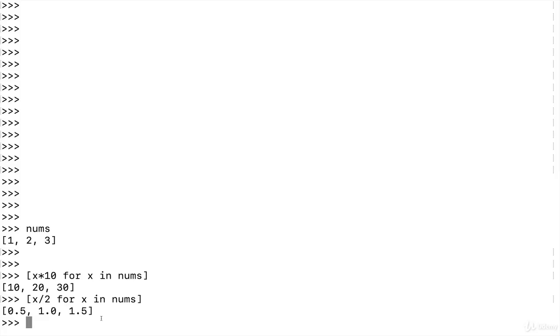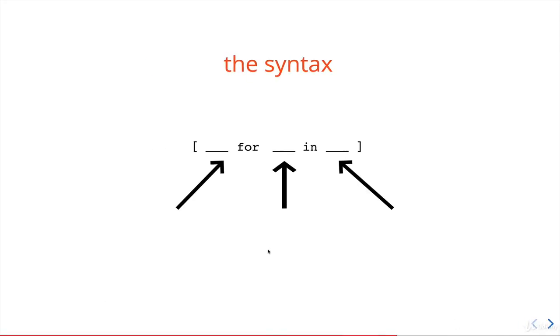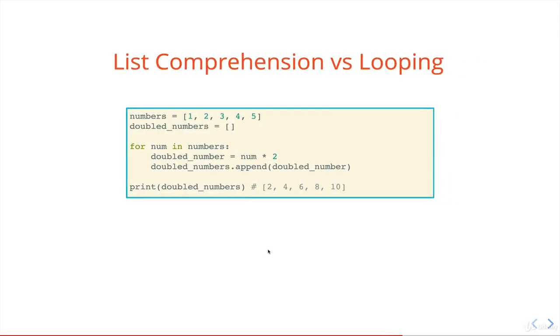But the rough idea is we take an existing list and output another list with different values based upon the first list. And this seems like something we could do with a loop, and that's because it is. So here's an example of doing something with a for loop.